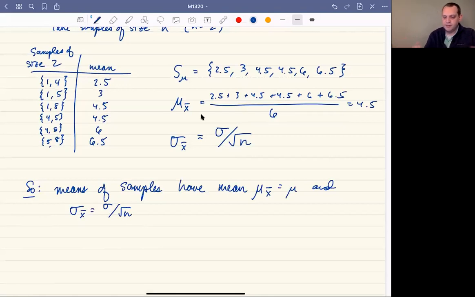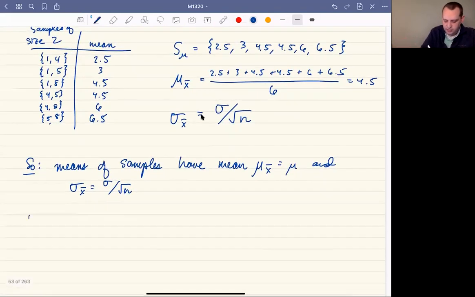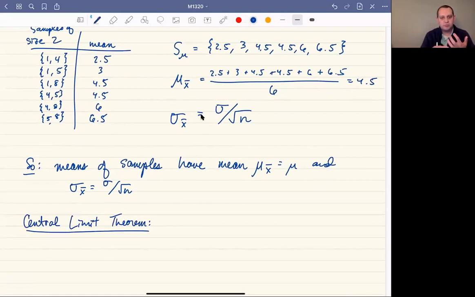There's a theorem that's kind of hidden here called the central limit theorem. What the central limit theorem says is to start with any sample that you want. It doesn't matter if the sample comes from a normal distribution, a binomial distribution, a uniform distribution, or if it's not uniform at all.